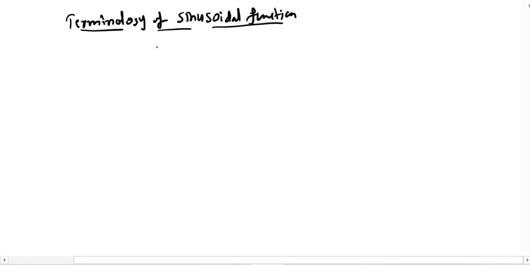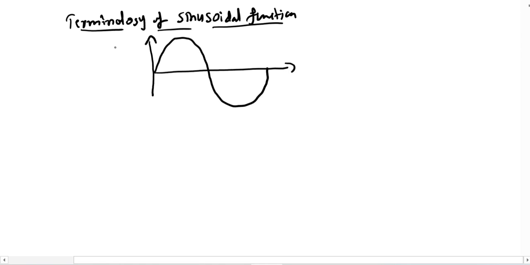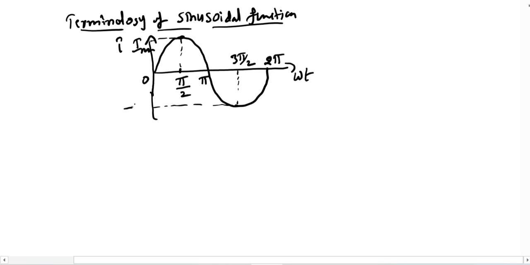As we know, this is my sinusoidal wave for any kind of quantity, voltage or current. We can take it as a current quantity. The starting point is 0 degrees, then this is pi by 2, this is pi, and this is 3 pi by 2, ending at 2 pi. You can take this as the maximum point, I maximum, and similarly it also comes like the minus I max point.